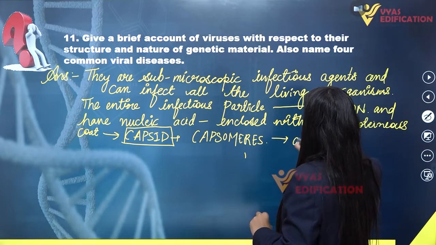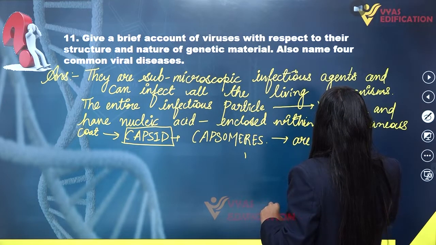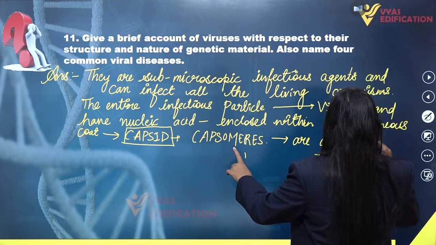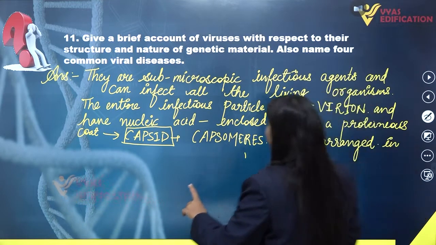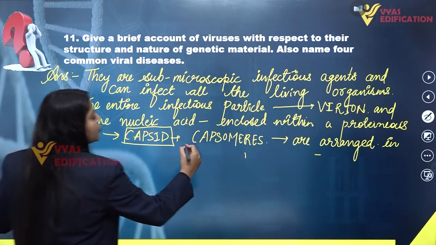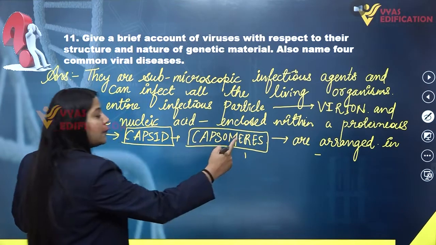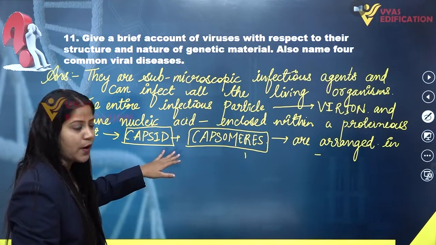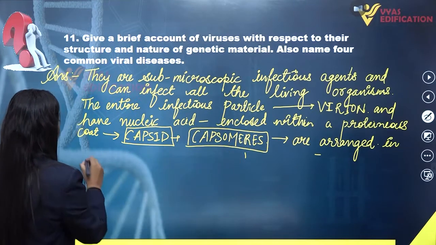These capsomeres, which compose the protein coat known as capsid, are arranged in a helical manner.